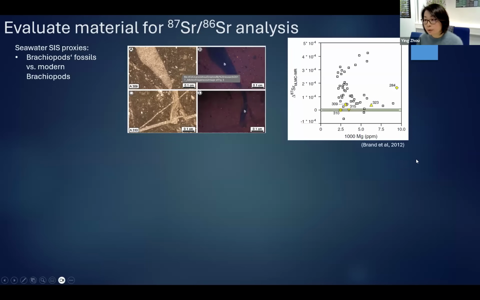Brand 2012 looked at brachiopods from the Carboniferous, and we can see this cathodoluminescence photo of the fossil itself and the surrounding host rock, bulk and with the biogenic material, compared with modern brachiopods and their host rock.